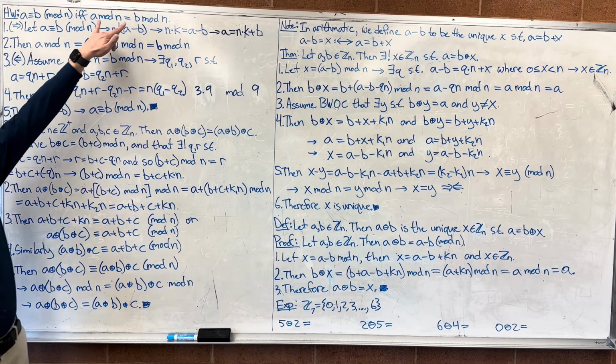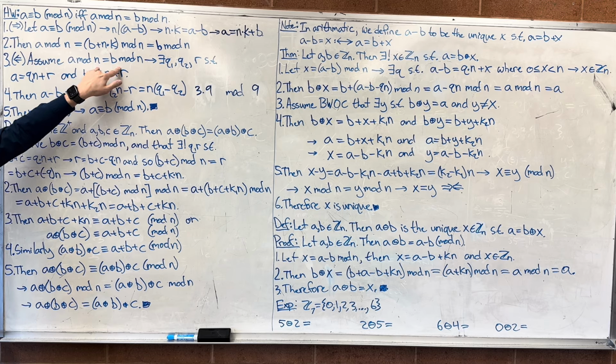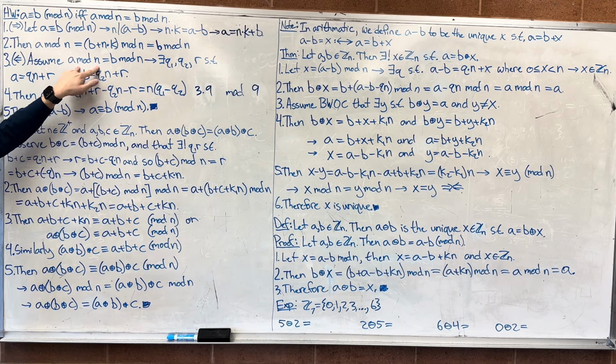I'm going to show that if A mod n is equal to B mod n, then A is congruent to B mod n. Alright, so assume A mod n is equal to B mod n. What is A mod n? Always keep this in your head. It's the R word. It's the remainder when you divide.